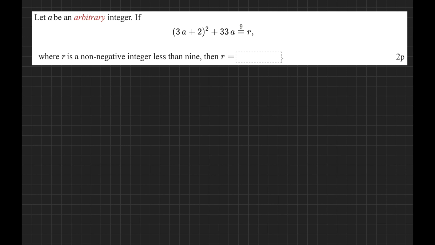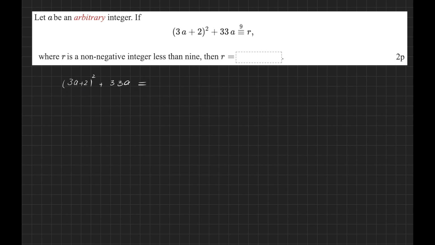But if you don't mind, before doing that, let me also open this up to see if we have more numbers that I can simplify. So what I do, I start from (3a + 2)² + 33a. I expand the left-hand side, so you see that I have put an equality sign for the time being. This becomes the first one squared, 2 times the first one times the second one, and finally the second one squared.